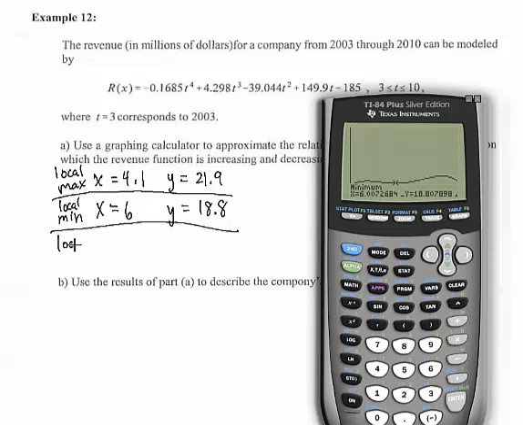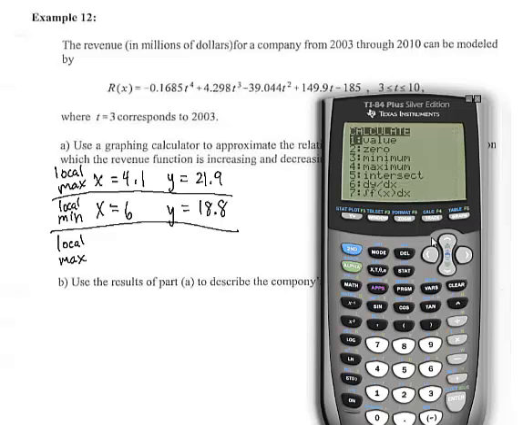And finally, where is our local max to the far right? We move our cursor just to the left and then again to the right.